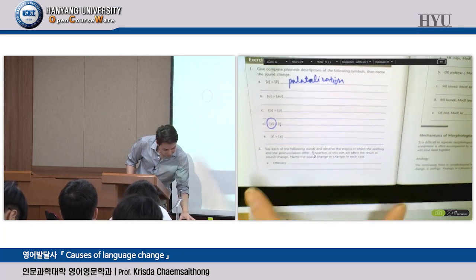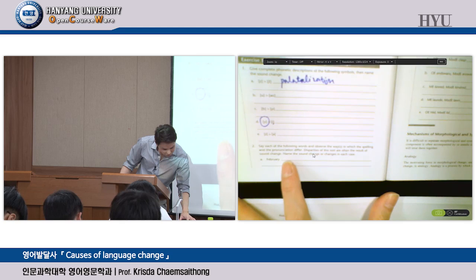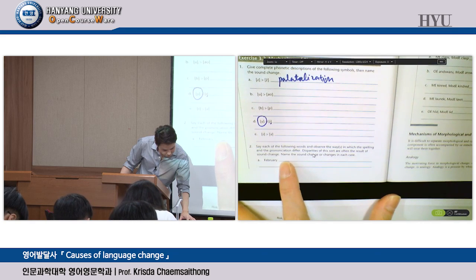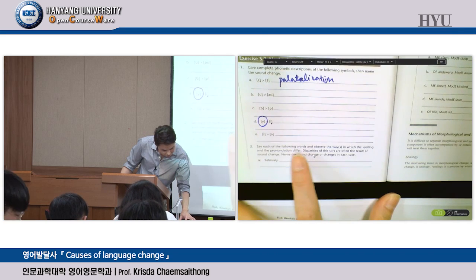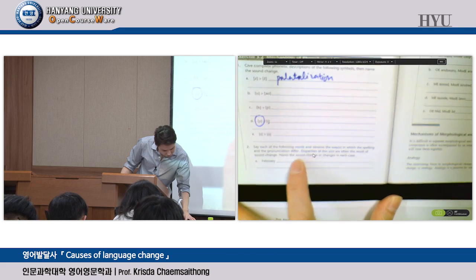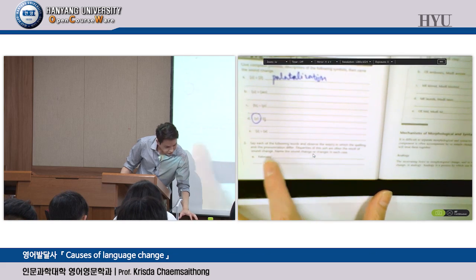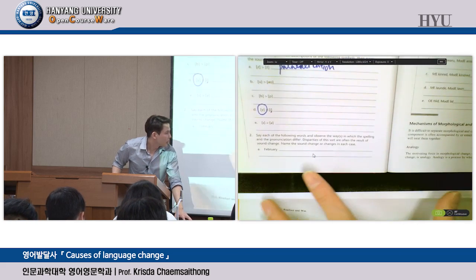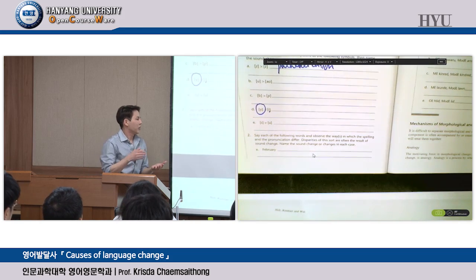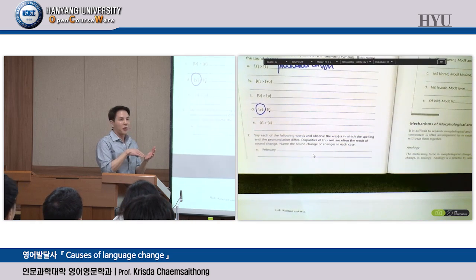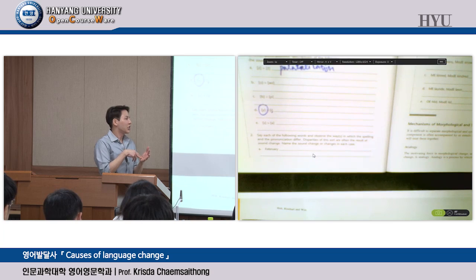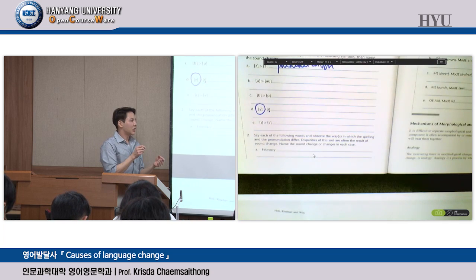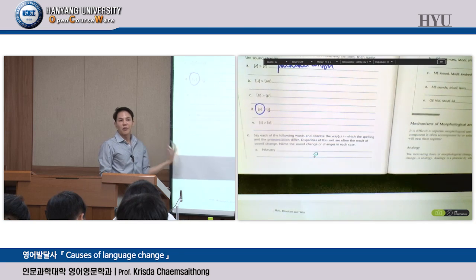And for number 2, let's see. For number two here, you have to think of natural pronunciation, and describe the change that occurs. So we talked about the word February.